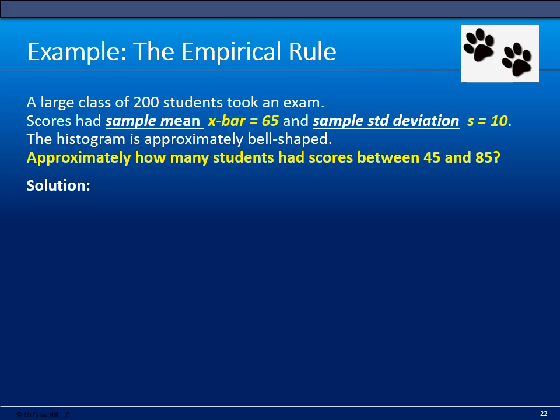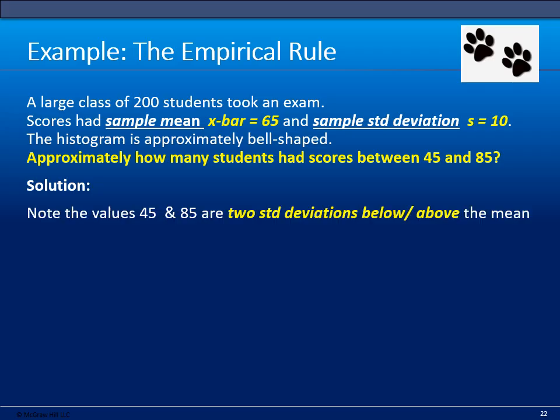All right, so let's continue on. Notice that our mean is 65, our standard deviation is 10, and our range is between 45 and 85, which is 20 points away from our mean, 20 points below, 20 points above. So with our standard deviation being 10, this is plus or minus 2 standard deviations.